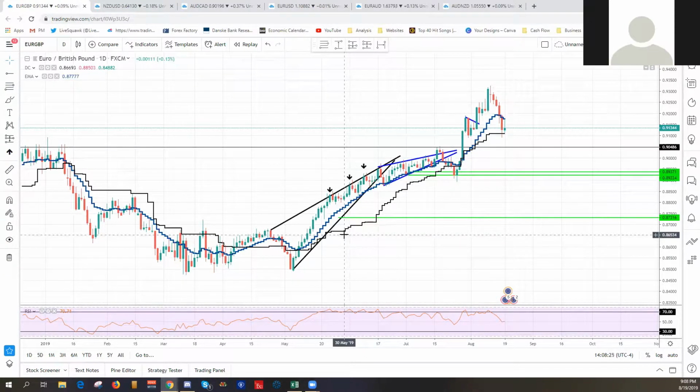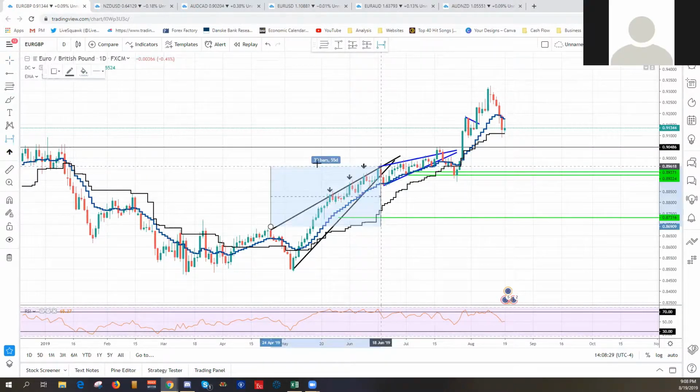When you're looking at a pattern that takes 39 days to form, excluding weekends, so 55 days to form, that's a big pattern.